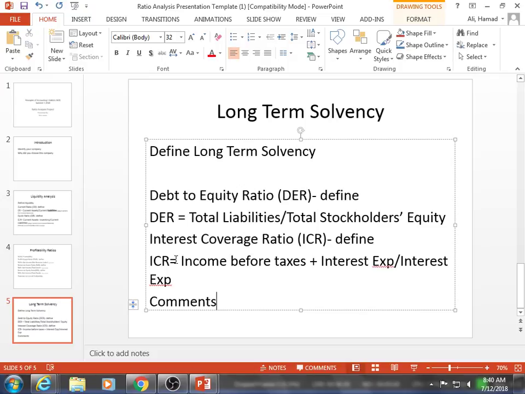You have enough money to pay off your interest 9 times. So those are the 2 ratios in the syllabus for long-term solvency.